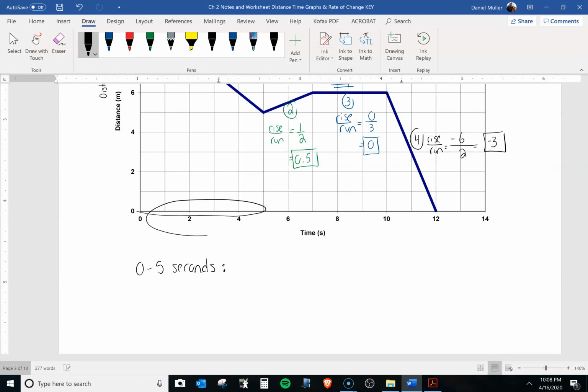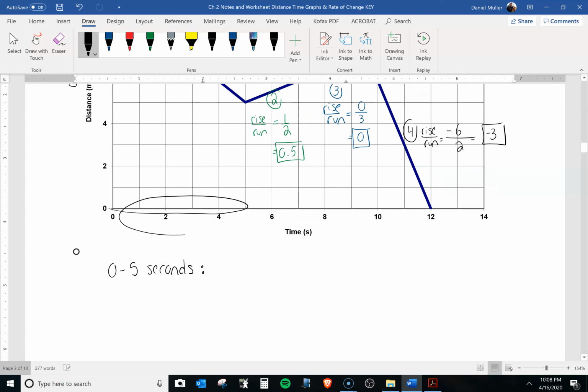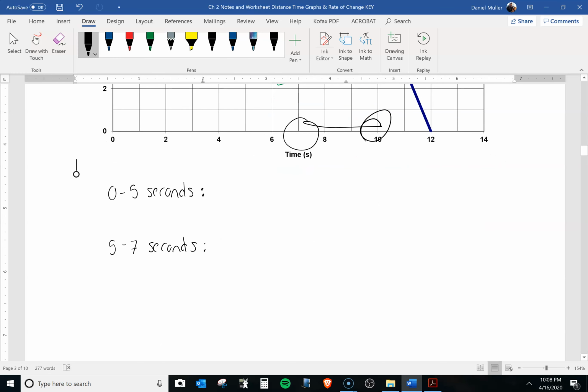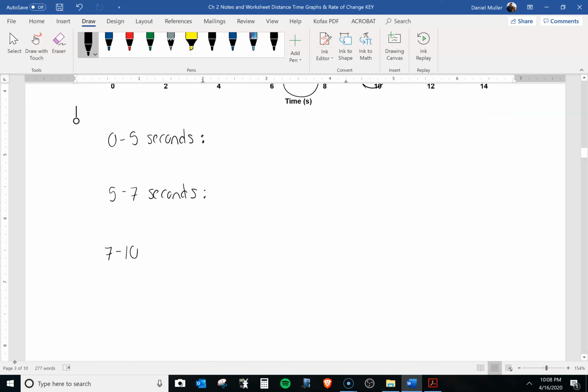Then from 5 to 7 seconds, that is another section of time, what happens then? And from 7 all the way to 10, what happens then? 7 to 10, yeah. And lastly, from 10 to 12. So what's happening in that time period? There are 4 sections, so we're writing down what's happening.